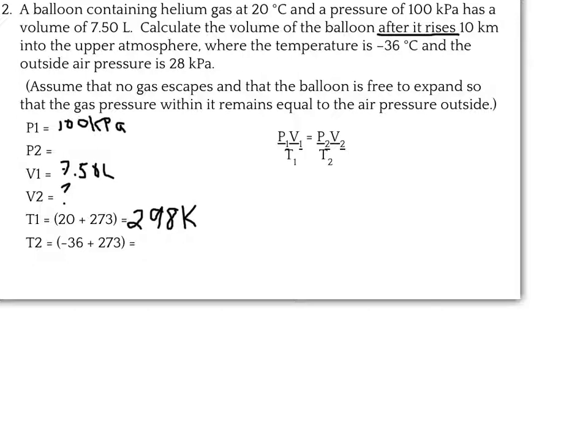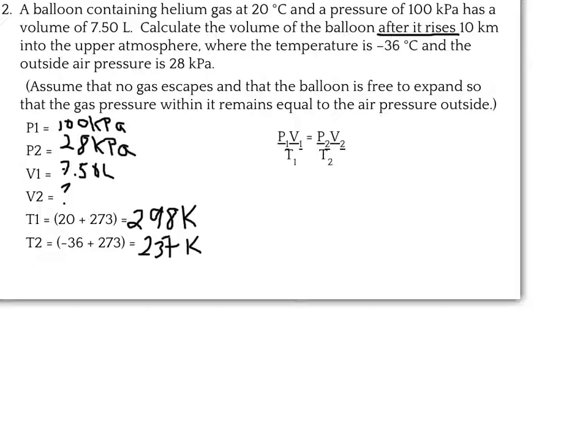And what it's doing is it's rising 10 kilometers, where the temperature is going to be negative 36 degrees Celsius. So we take negative 36 and we add 273, which means we have 237 Kelvin. And then we're taking our P2, which is going to be 28 kPa.